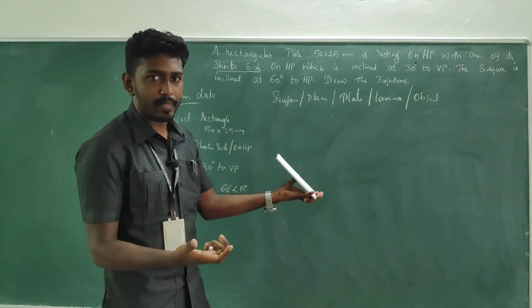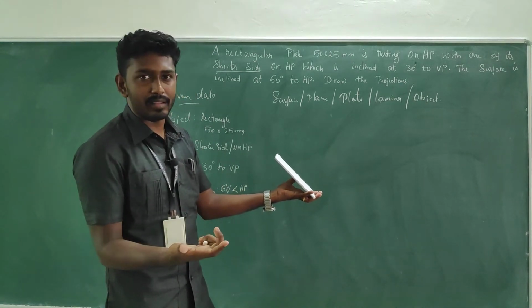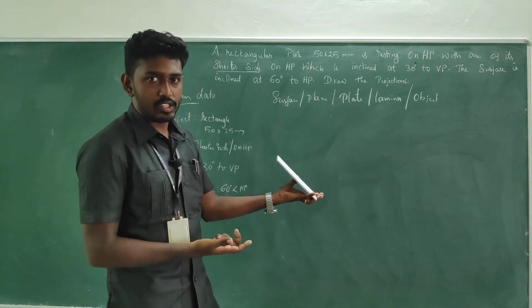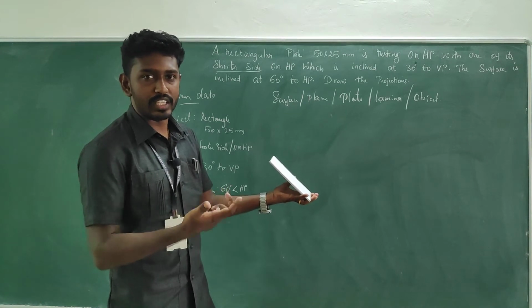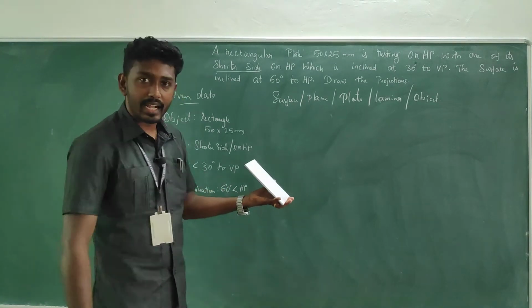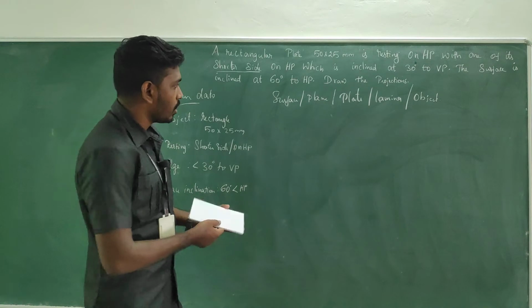So we are familiar, when it is inclined to both the planes we cannot get the trace, and we need to go with the method called change of position method, and that can be done in 3 steps, or 3 stages.